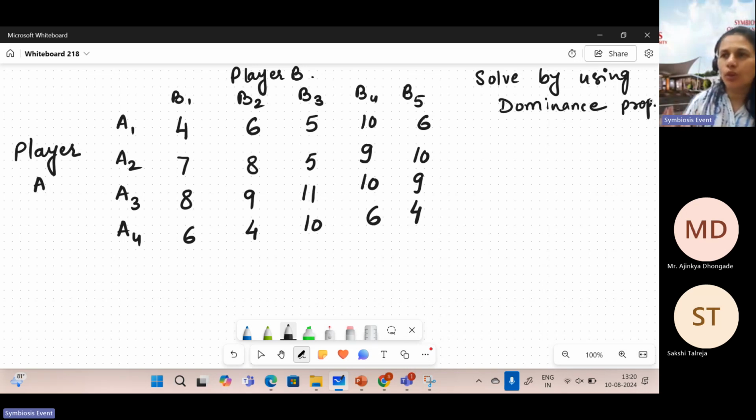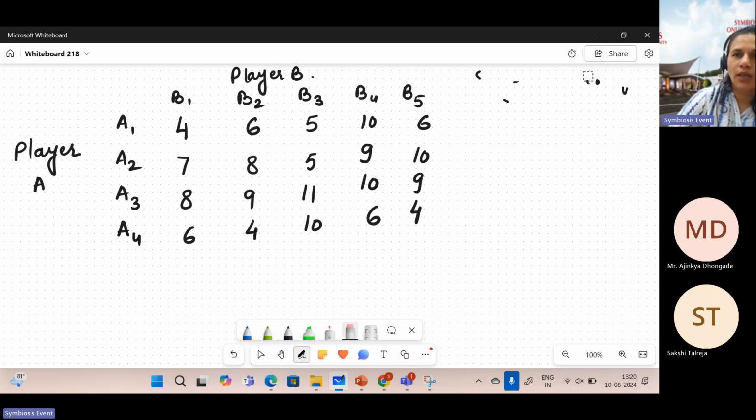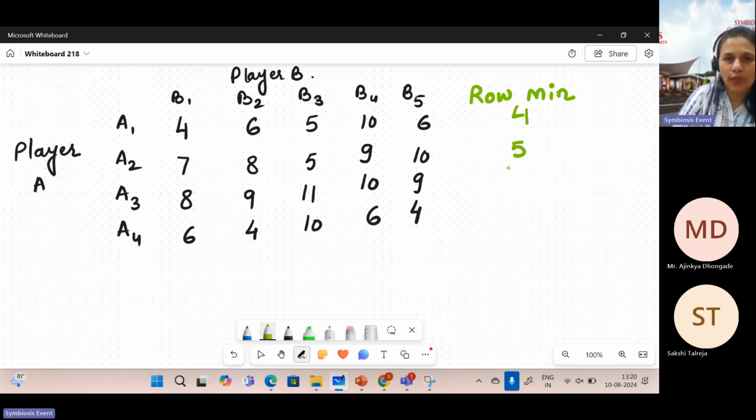Before we go for the dominance, let us do it with the maximin minimax principle, right? So what does it say? Before I go for this, simply I'm going to do it with the minimax and maximin principle. So what you have to do, you need to create a new column we call row minimum. First row, the minimum value is coming 4. Second row, minimum value is 5.